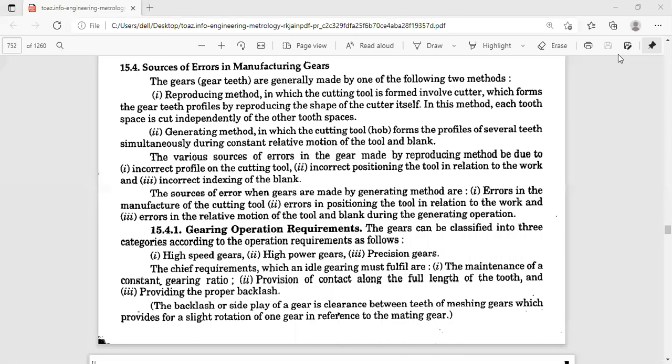If not all the parameters are correct and the profile is not correct, you have to reject that gear. Lead, suppose, in the case of a screw thread, what is lead? Lead is nothing but the axial distance traveled by the screw for one revolution. But what is the lead in the case of gears?